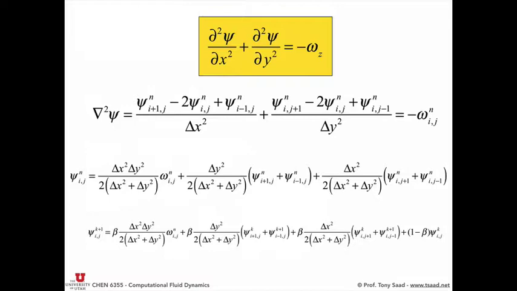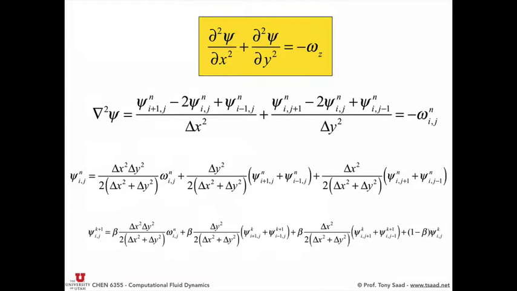Again, we're going to be living on a computational grid. At any point in the domain, ij, we have I plus 1 j, and then ij minus 1, ij plus 1, and then I minus 1 j.